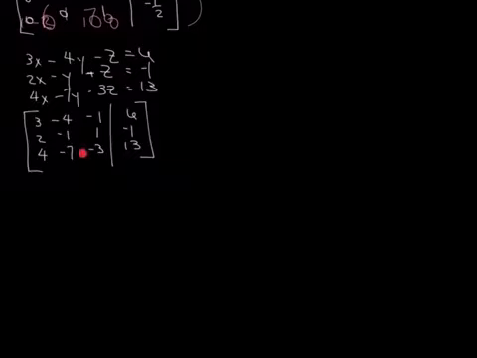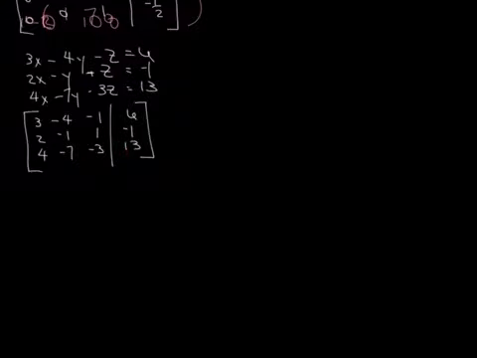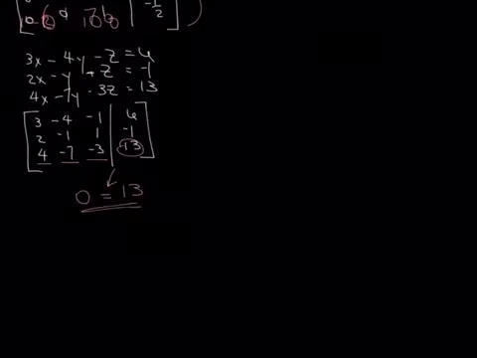When you get this bottom row to be all zeros, or any row to be all zeros, and this number over here is a non-zero number, that means you get 0 equals some number. So say it's a 13. If this is a 0, this is a 0, this is a 0, equals 13. This is a non-true statement, so therefore there is no answer. There is no solution to this.